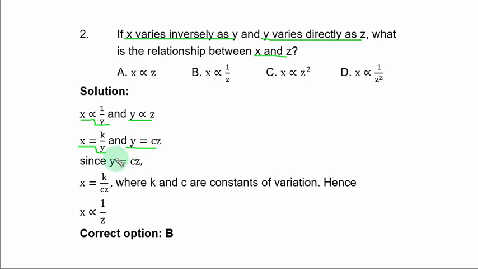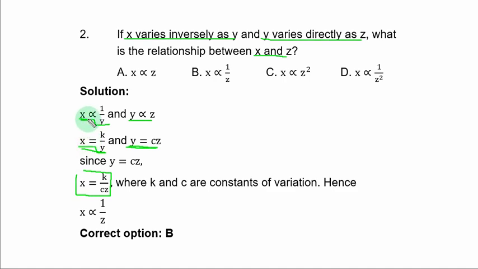Now from here, we are to eliminate Y from the two expressions because we are looking for what connects S and Z. So we replace Y in the first expression with CZ, because Y equal to CZ. So you have it in this form. Where K and C are constants of variation, look at what happened here.